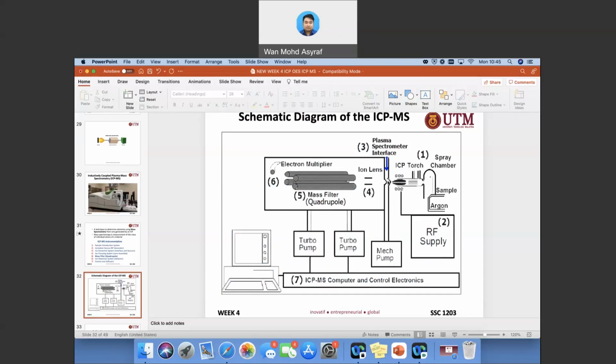So the ions will be carried into the ion lens, and then the ions will be separated in this mass filter, or we can call it the quadrupole filter, where the ions would be detected by the electron multiplier and processed by the computer. So now, when we talk about ICP-MS, it is mainly about the ions themselves, right?